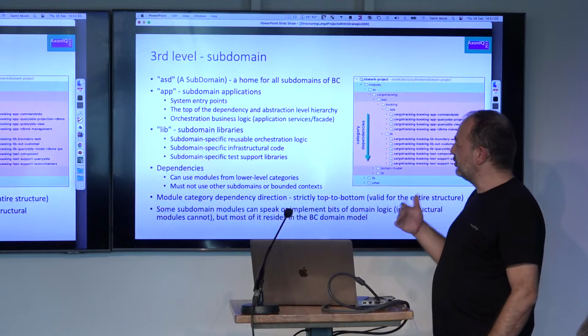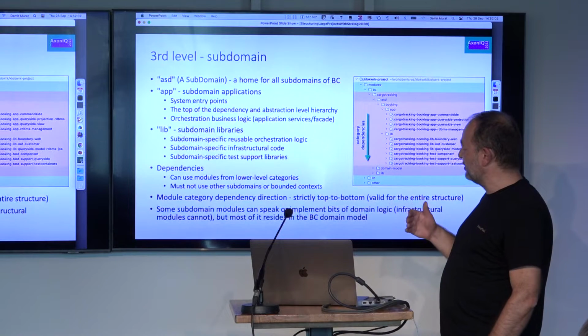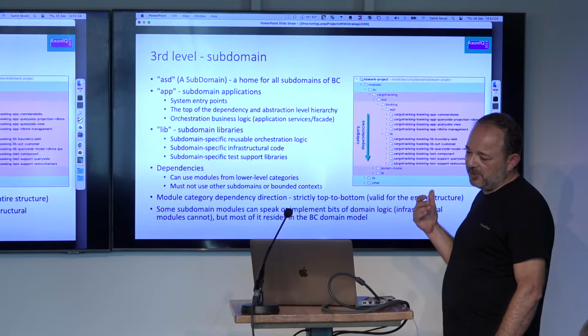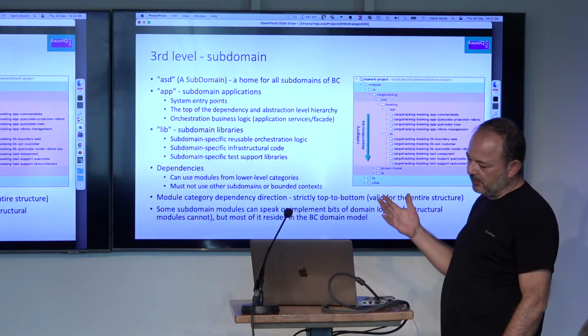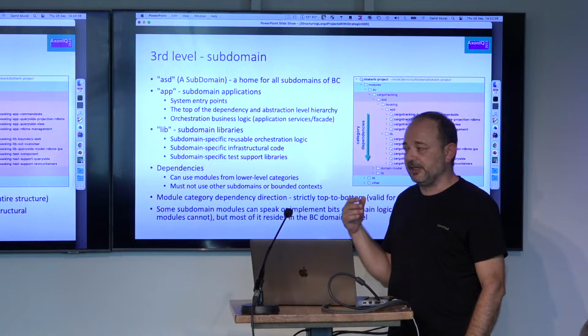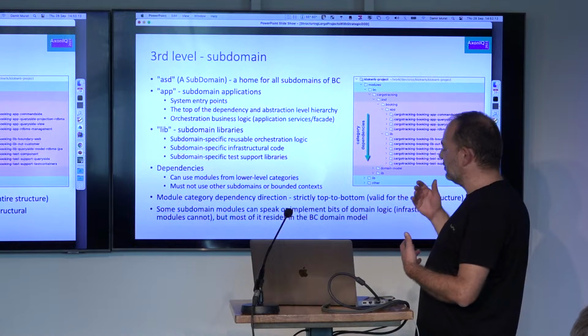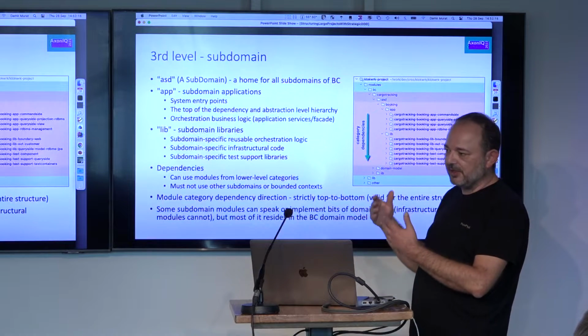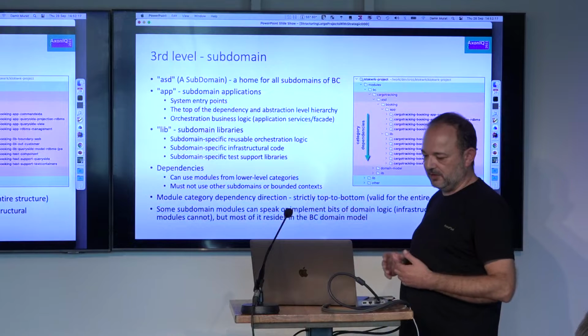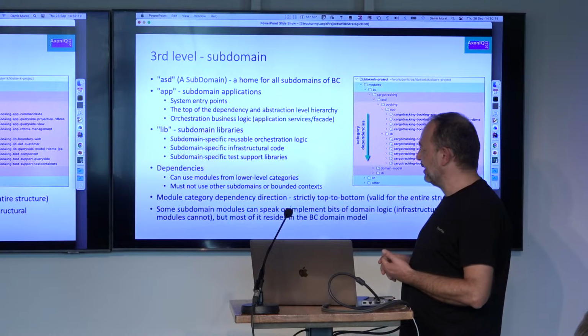They're positioned at the top of the dependency and abstraction level hierarchy. You may find things like high-level orchestration logic there, or maybe your API definitions. The idea is to have some relatively high-level stuff in subdomain applications.